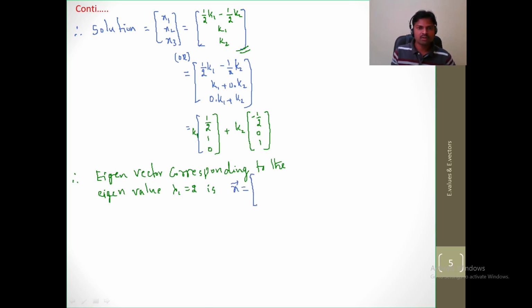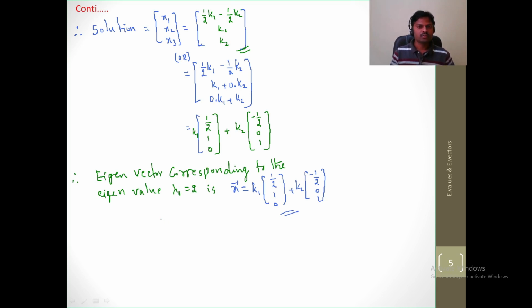Which is nothing but this one, k1 times half 1 0 plus k2 times minus half 0 1, like this. So this is the eigenvector with respect to the eigenvalue lambda 1 equal to 2.